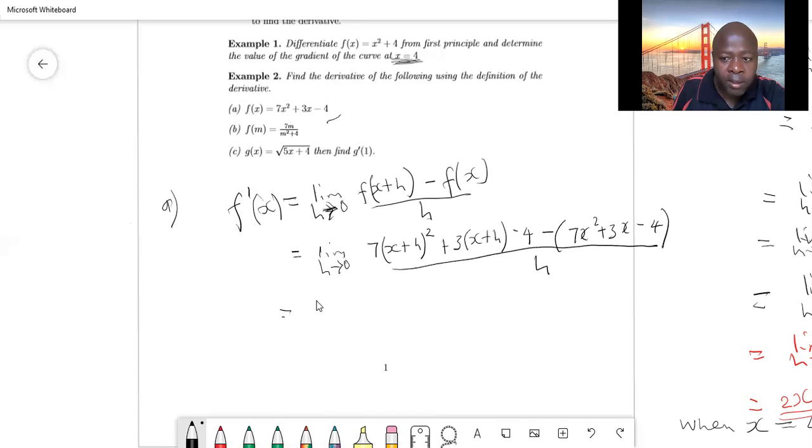So let's expand the numerator, because you can see this is 0. We cannot plug in h. You have to first of all simplify our numerator.